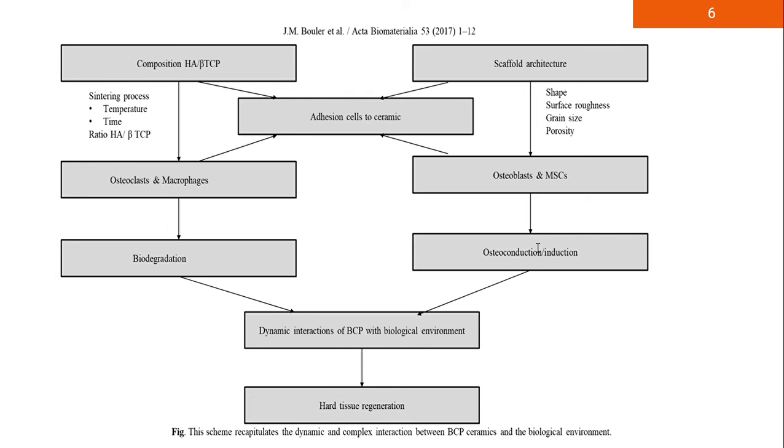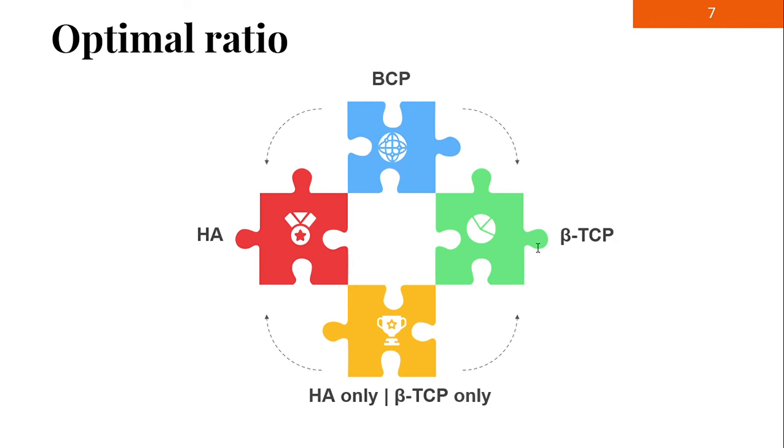However, the selection of the ratio of the two phases is still under debate. The question is whether to increase or decrease the dissolution rate of the material by reducing or increasing the beta tricalcium phosphate phase of BCP, or would each single phase itself be better?